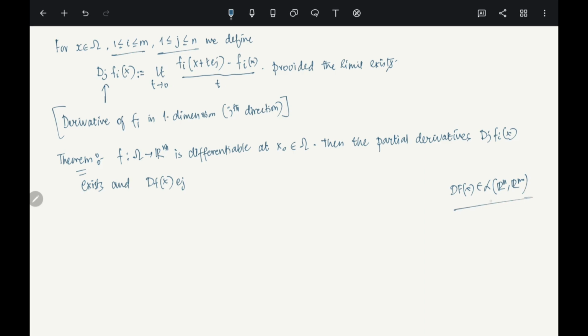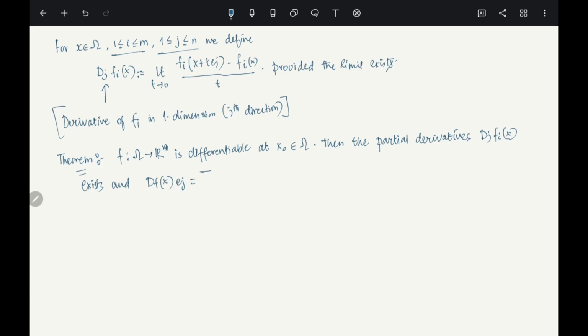We already discussed that you can determine a linear map based on how it acts on the basis elements. Since ej is a basis element of Rn, we just want to see what happens to df(x) at the point ej.